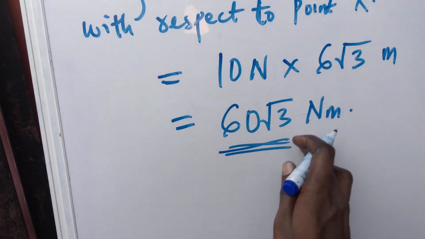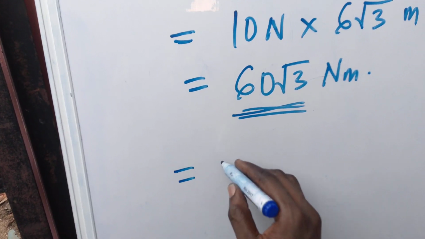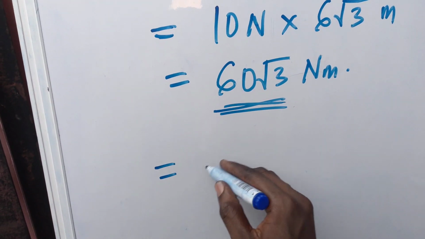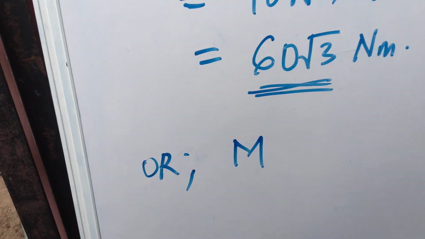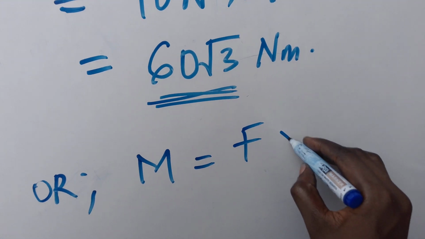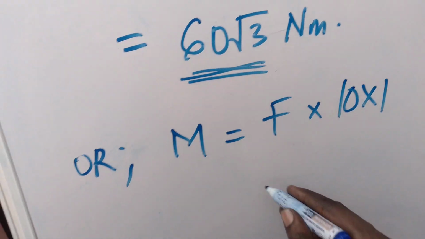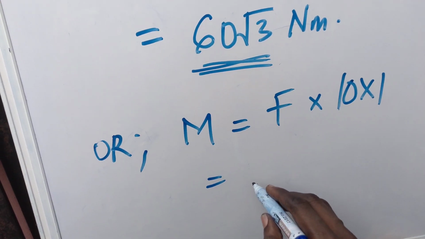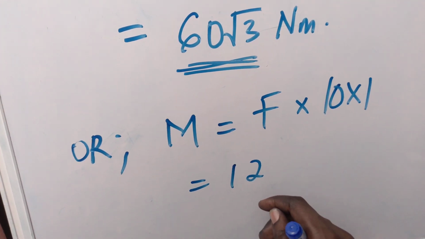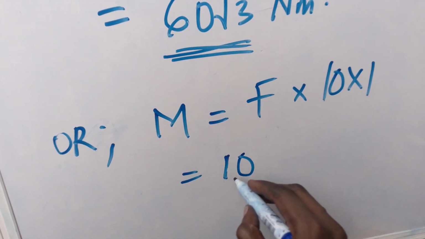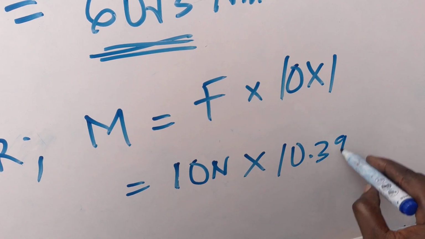This is in short form, but if I choose to solve it the other way around, the moment is force times perpendicular distance, and the distance is OX. The force is 10 Newton, times perpendicular distance OX, which is 10.392.